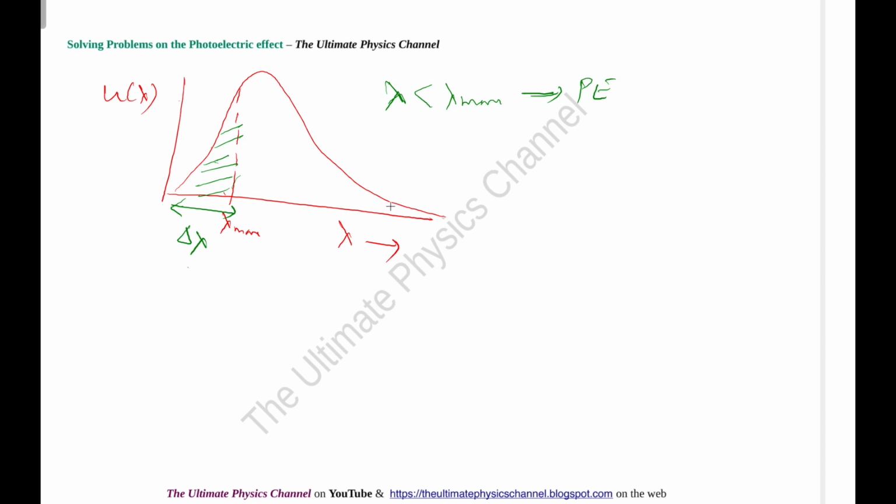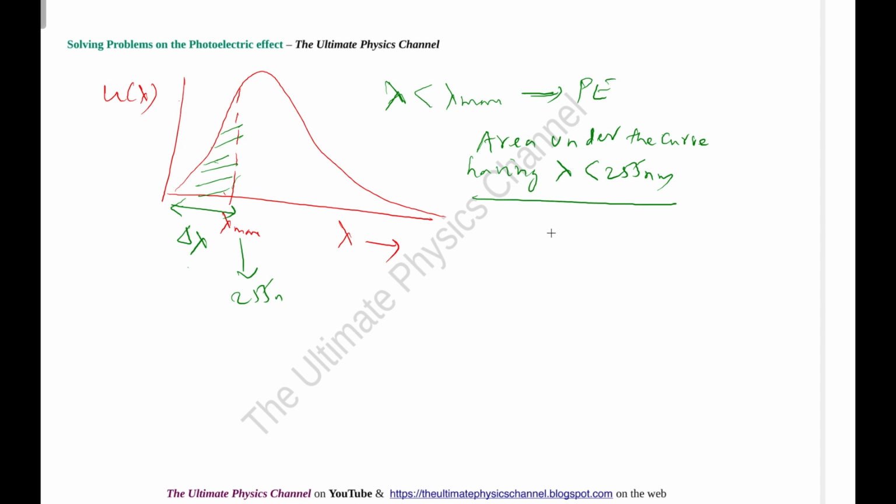So the fraction would be the area under this black body curve, or Planck's curve, having lambda less than 255 nanometers, because we have calculated lambda max to be 255 nanometers, over the total area under the curve.